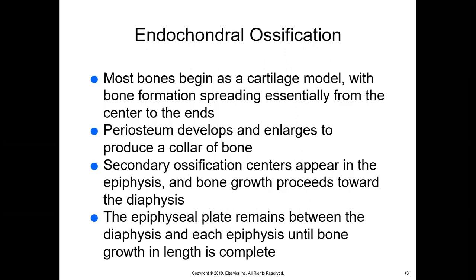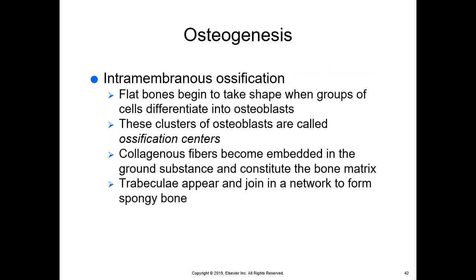I'm not going to get in depth with asking different things about this, other than I want you to know that endochondral ossification is what long bones use, and it uses a cartilage model or cartilage template. And intramembranous ossification is what flat bones use to develop, and it does not use cartilage as a template.